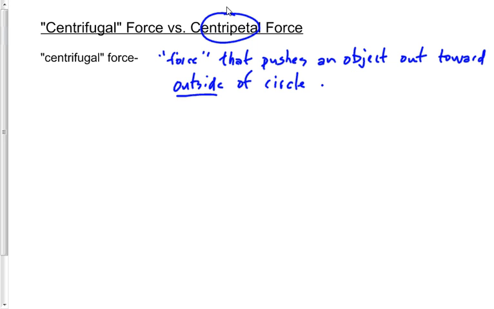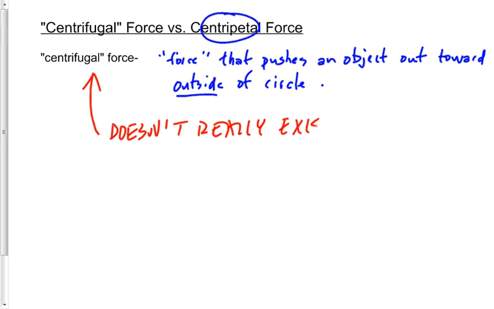The problem is the centrifugal force doesn't really exist. There's really no such thing. So how are you pushed out towards the car door when you're going around a turn, or how are you pushed against the wall of the Gravitron ride or that ride at Callaway Park if you're not really being pushed?